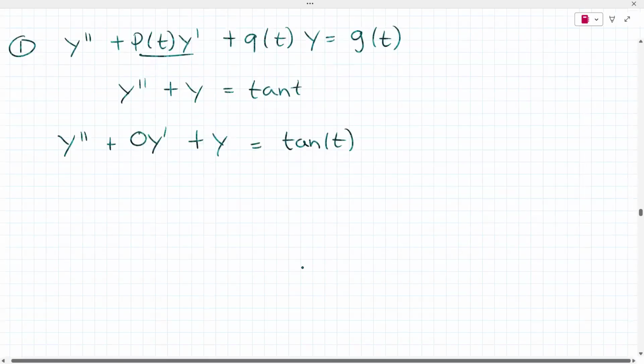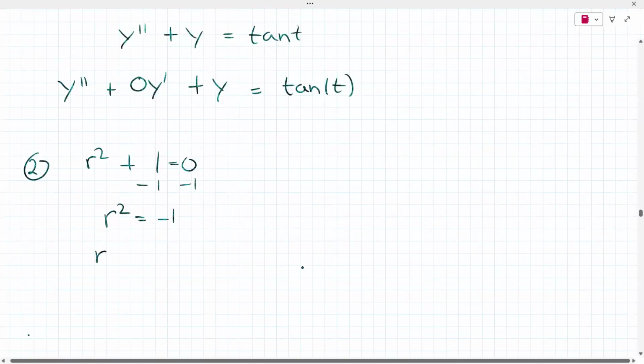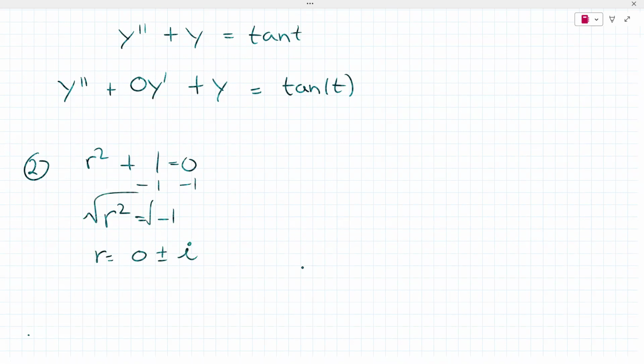Step 2, solve for your r. So this is r squared plus 1 equals 0. When you solve for r, you subtract 1, you get r squared equals -1, and you're going to get r equals 0 plus or minus i, right? When you take the square root of this, you get imaginary. So this 0 is your alpha, and this i is your beta.